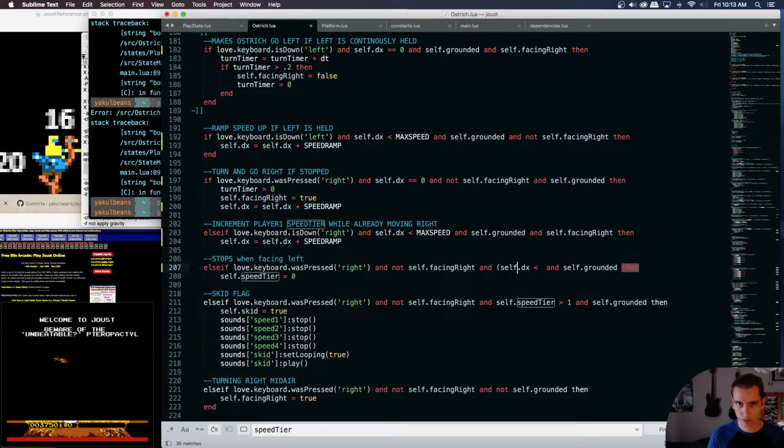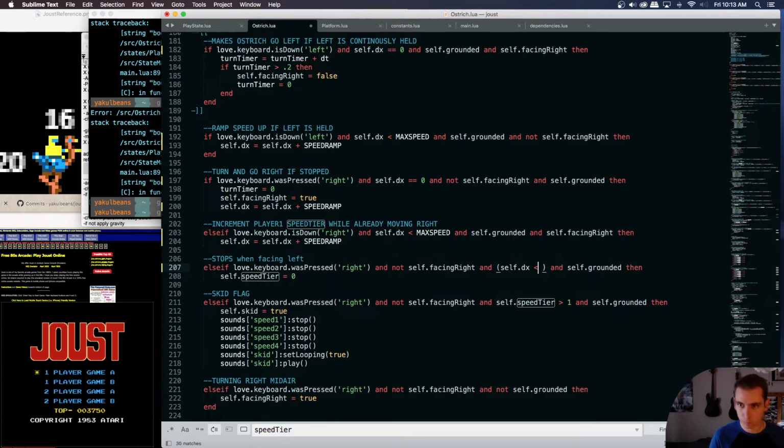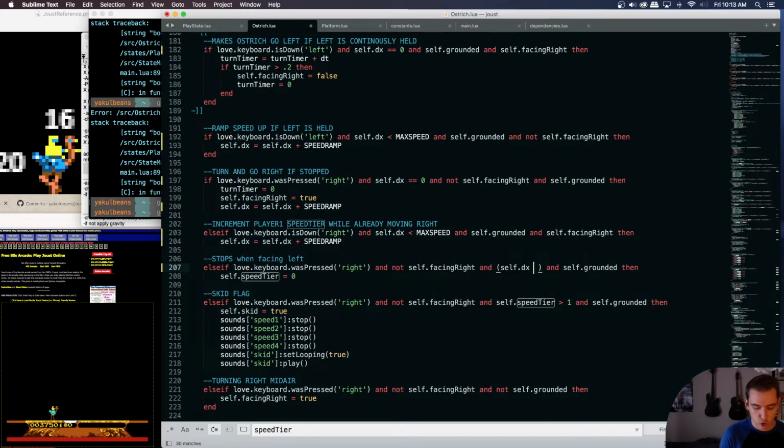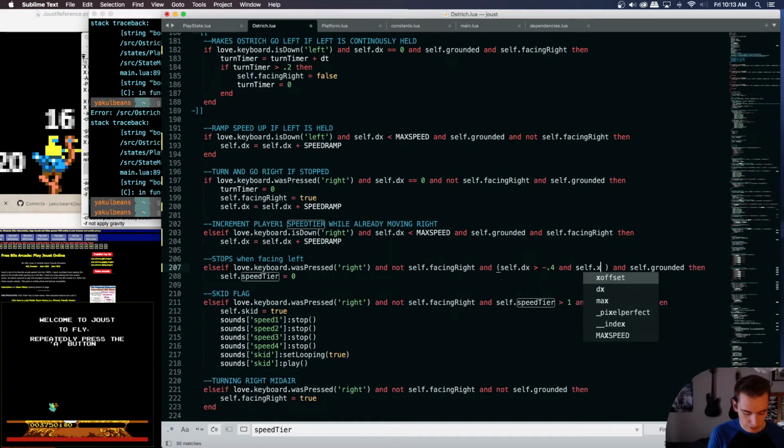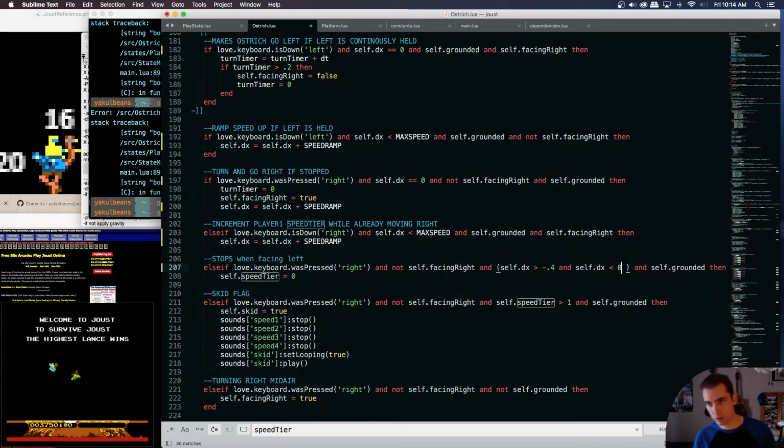So this one is gonna be right is pressed, and we're facing left, and we're grounded, and our self dx is greater than -0.4, and our self dx smaller than 0. So we're moving left.